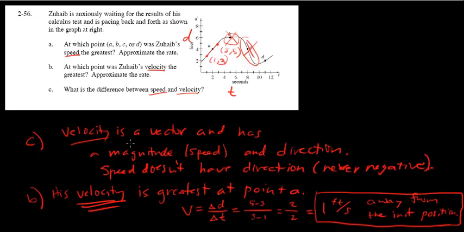Okay? And again, velocity is a vector from part C and has a magnitude and direction. Speed doesn't have a direction and is never negative. Velocity can be positive or negative.